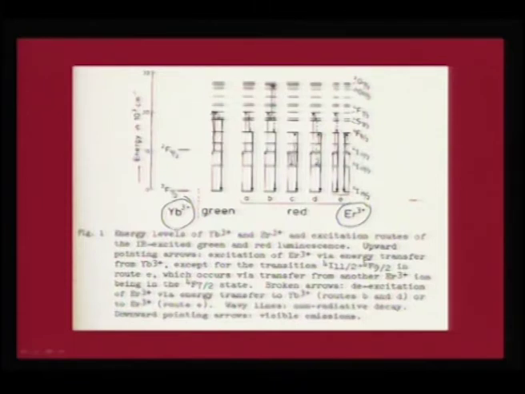As a result, the emission that we see here from 4F9/2 to 4I15/2 is nothing but your red light emission, and this is actually engineered by the doping of both ytterbium and erbium as activator and co-activator.